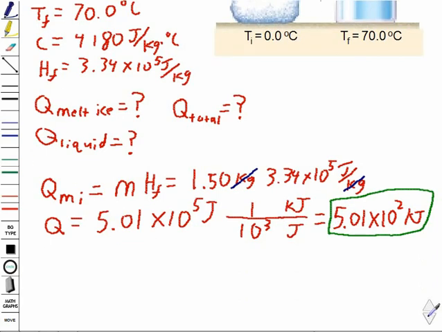Now we can move on to the second thing we need to find. And let me just label one thing here since I left it off. My Q is my melt the ice. Now we can do the heat required to heat the liquid up to its final temperature.